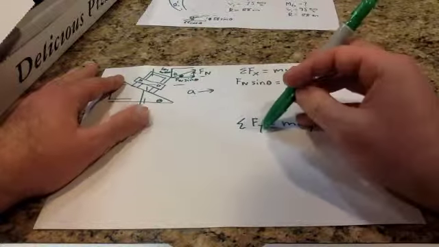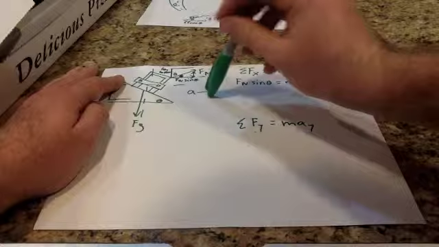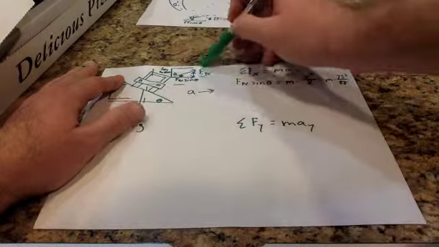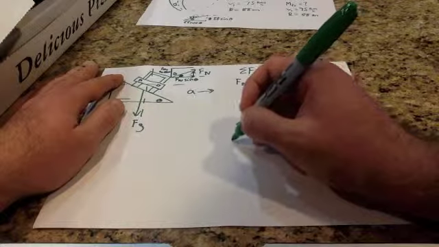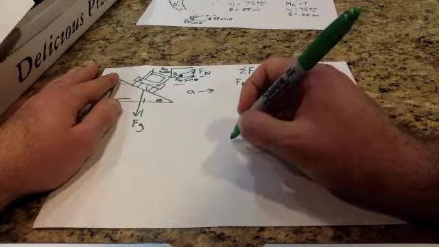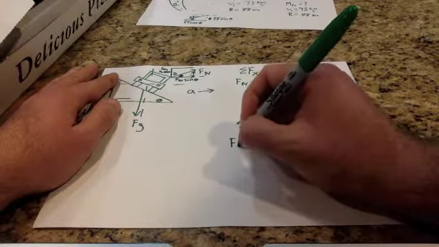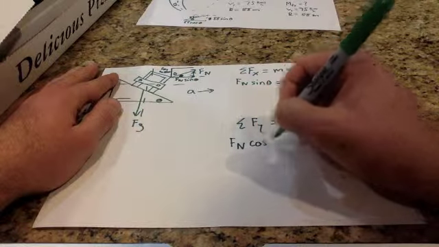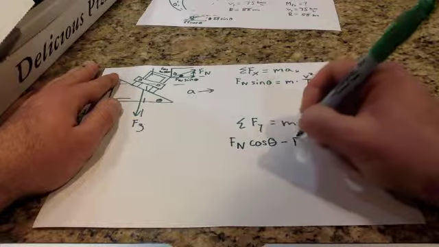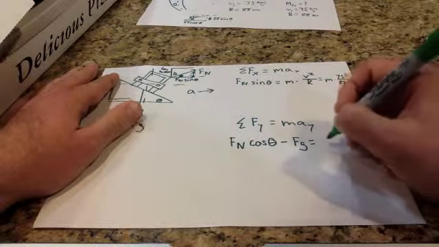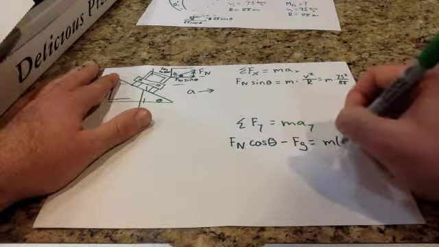Now, on the y-axis, there is no acceleration, but we do have two forces at work: the y component of normal force and gravity. So we have that the y component of normal force, which is F_n times the cosine of theta, minus gravity equals m times 0.